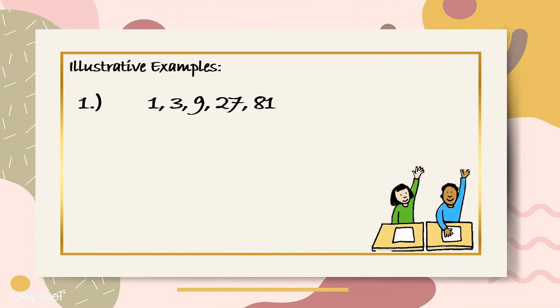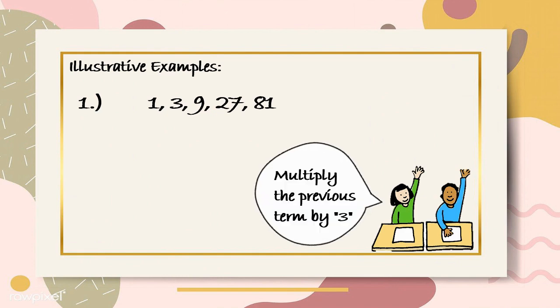To deepen your understanding, let's have some examples. Let's have the first one. 1, 3, 9, 27, and 81. What is the pattern in this set of numbers? Very good. We multiply the previous term by 3 to get the next term.